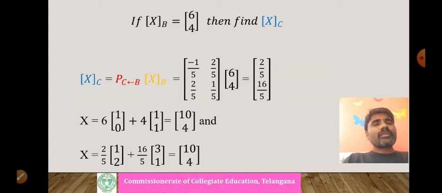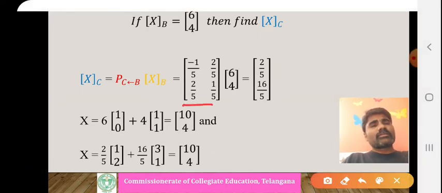Now, according to the formula, coordinates of x with respect to C equals the coordinate change matrix from B to C times the coordinates of x with respect to B. That is the coordinate change matrix from B to C times XB.